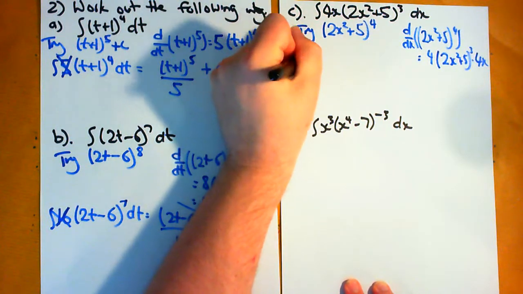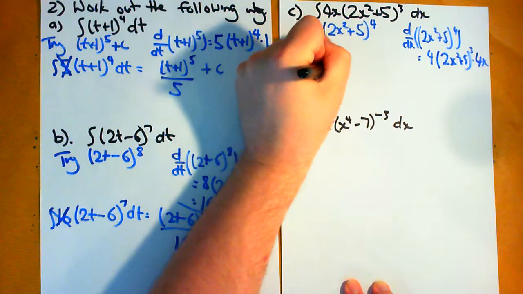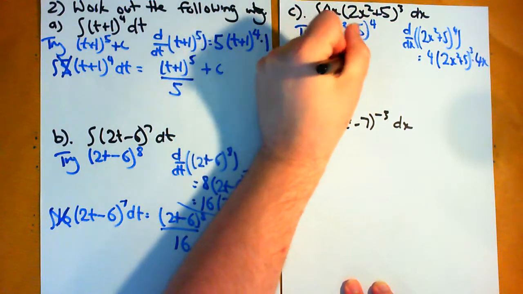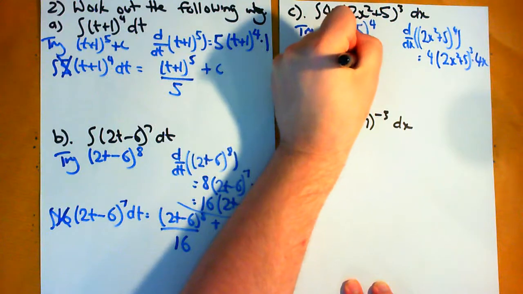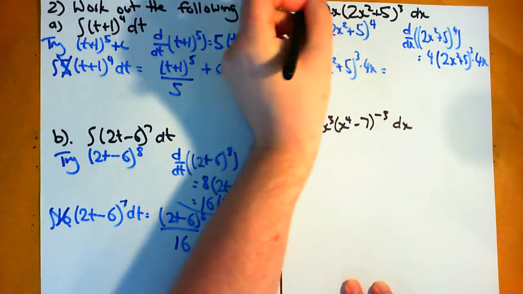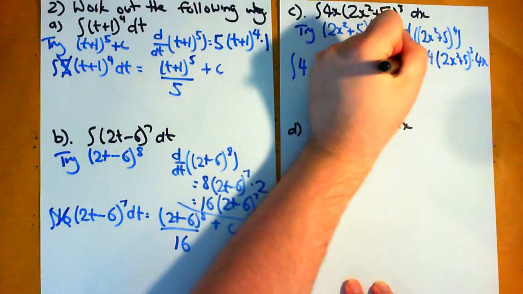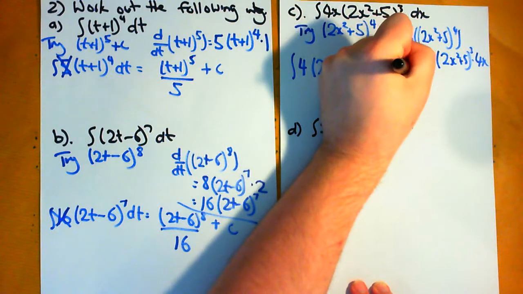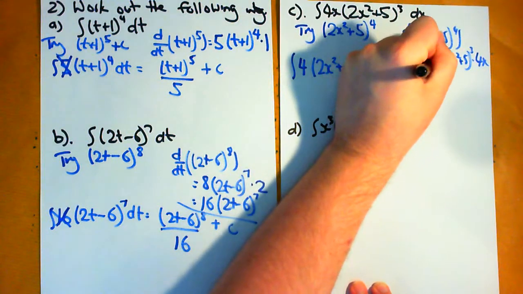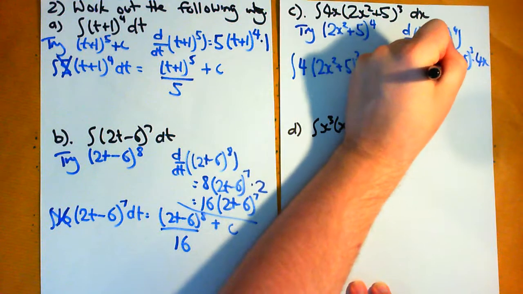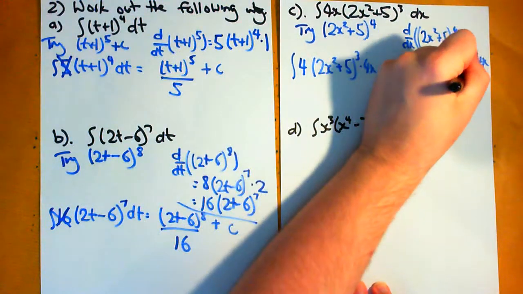So the integral of 4 times (2x² + 5) cubed, times 4x, will be what our trial solution is, which is (2x² + 5)⁴ plus your constant.